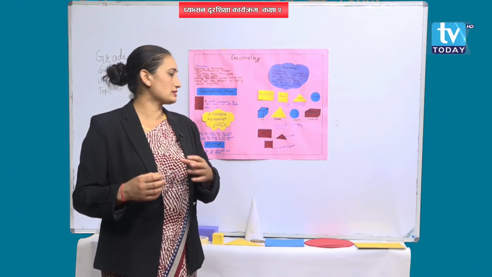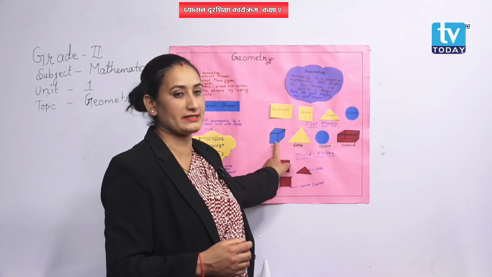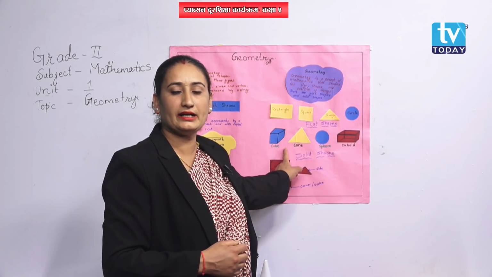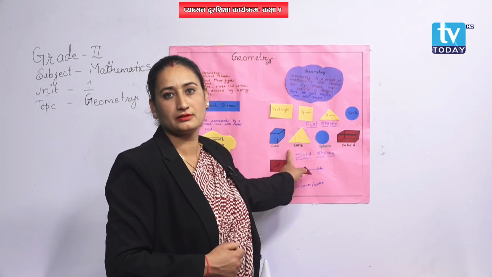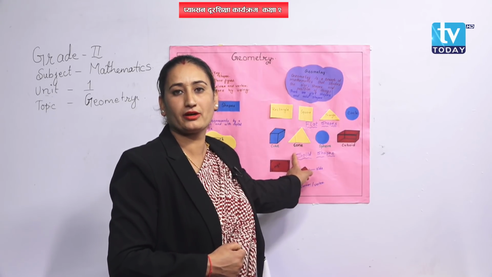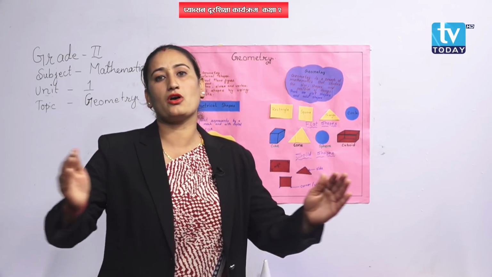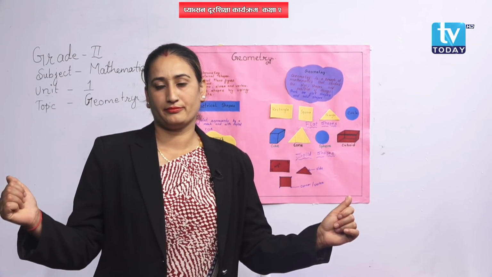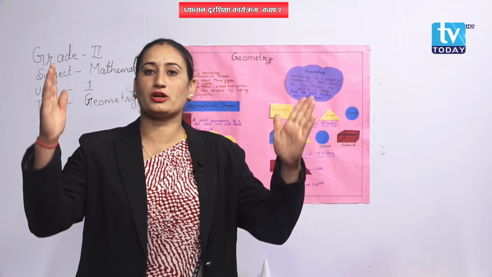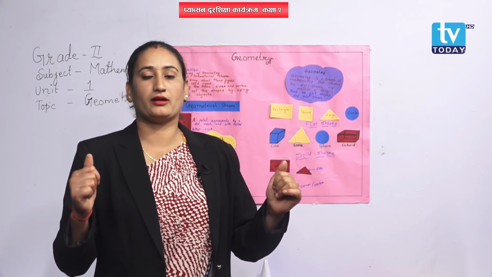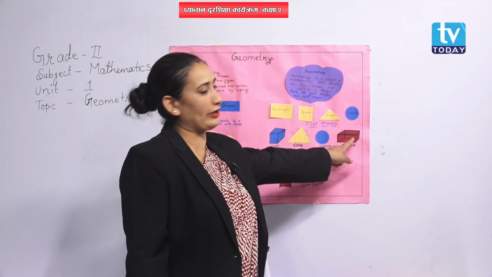Just now you noticed that it's square in shape, just like this one. It's called a cube. Square in shape, we call it a cube. Okay, rectangular, long in shape, bigger length and shorter breadth, we call it a cuboid. This one.